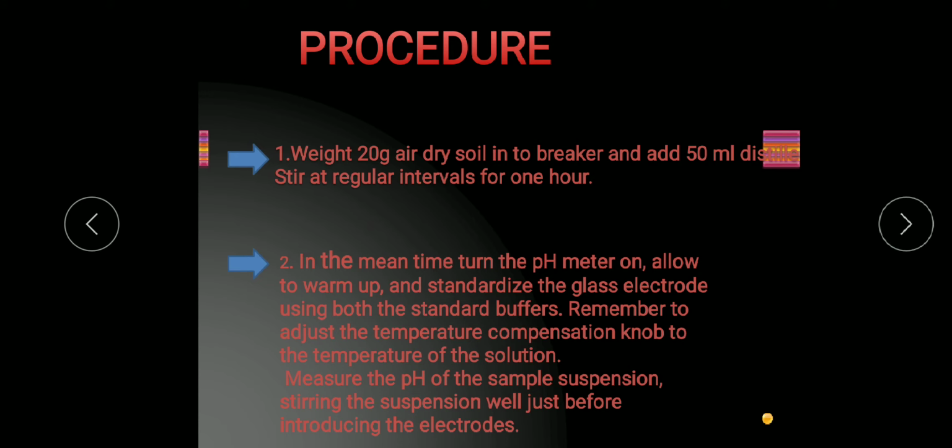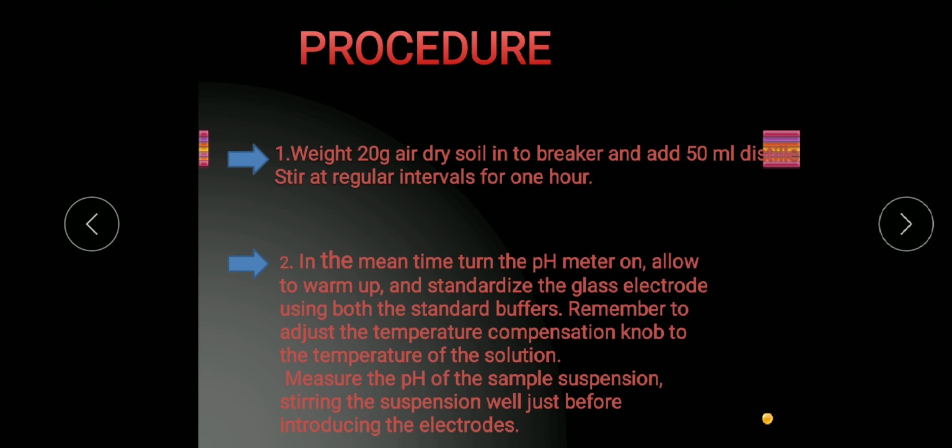First, weigh 20 gram air dry soil into a beaker and add 50 ml of distilled water, and stir at regular intervals for 1 hour.